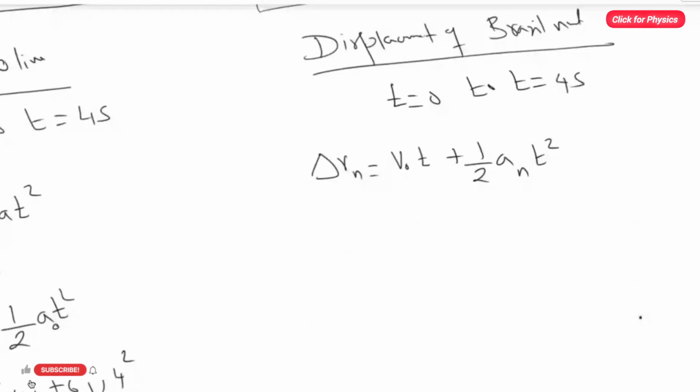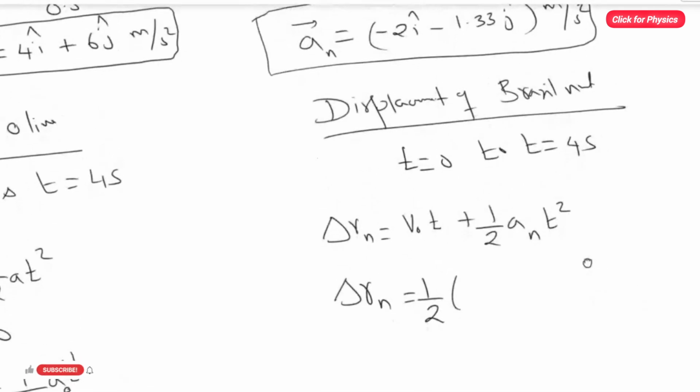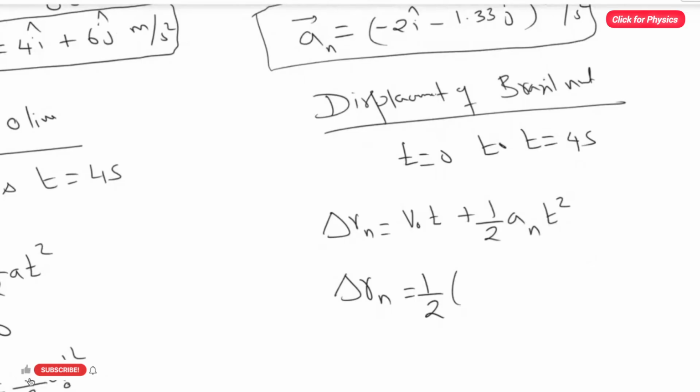Again, when you substitute t equal to 0, it will be 0. So when you substitute t equal to 4, delta R equals half multiplied by the acceleration value. What is your acceleration value? Minus 2 i cap minus 1.33 j cap, multiplied by 4 square.